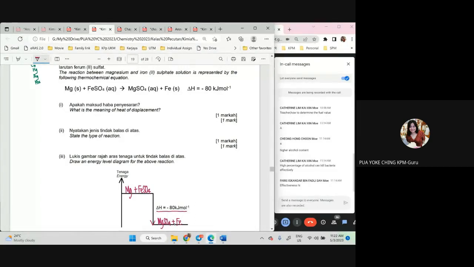This is exothermic. So you have a going down energy level, and then we have endothermic, dia akan terbalik. So arrow naik atas. A plus B, you get C. Here is also energy. And then ada delta H sini, positive 50 kJ mole minus 1. The delta H also need to have a clear value.